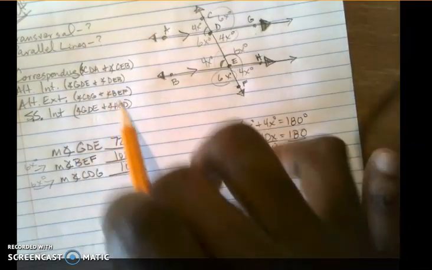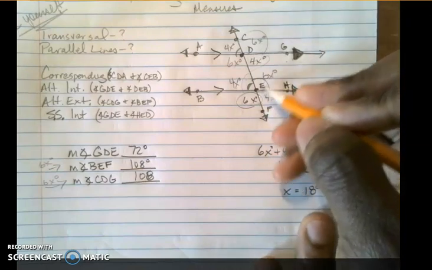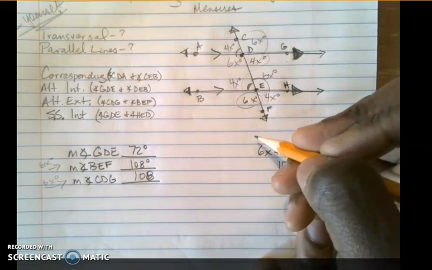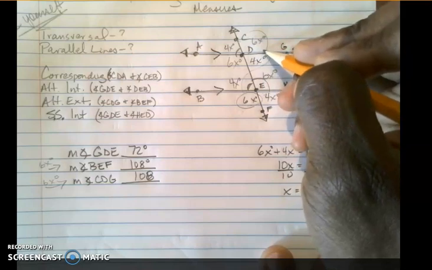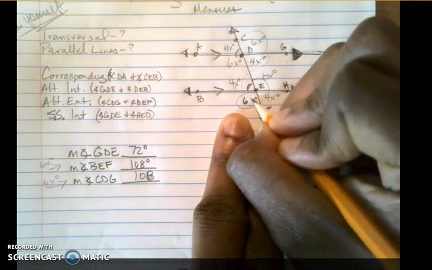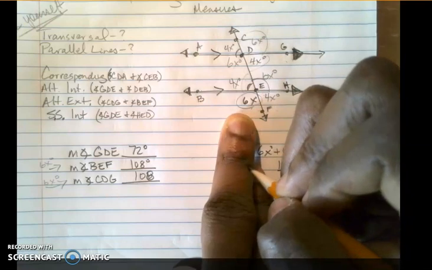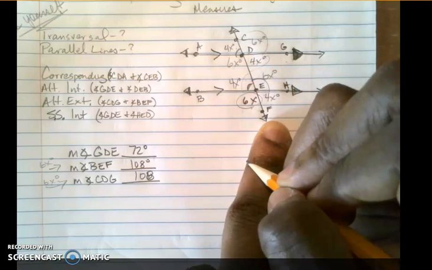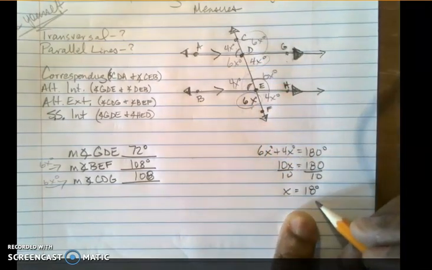Based upon what I identified earlier, these two angles share a vertex, so therefore they are both 6x degrees. I know that alternate exterior angles tells me that if the original one that we had is 6x degrees, this one's also 6x degrees. Alternate exterior here, 4x degrees, is going to equal 4x degrees there. Same side interior, I solved again for 18 degrees.